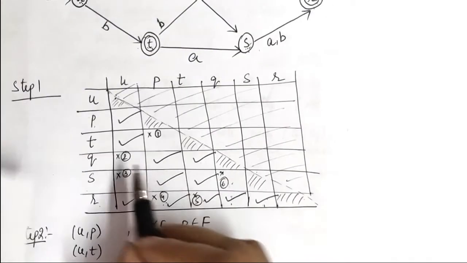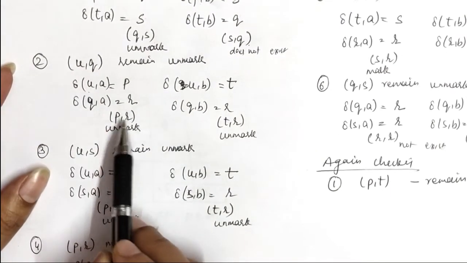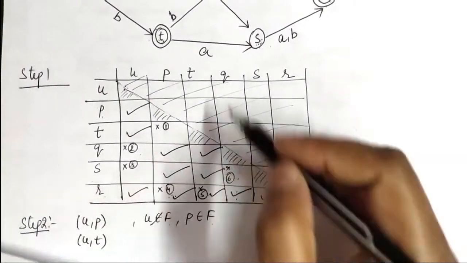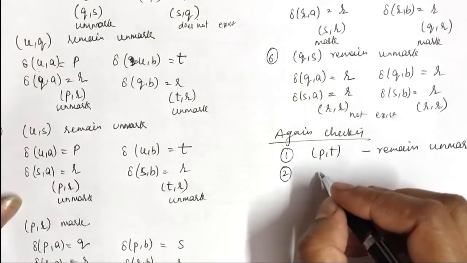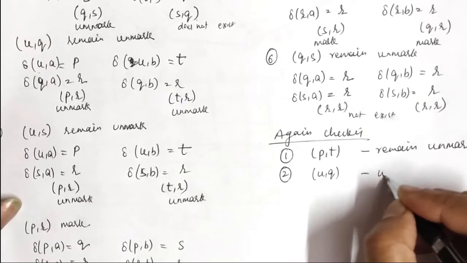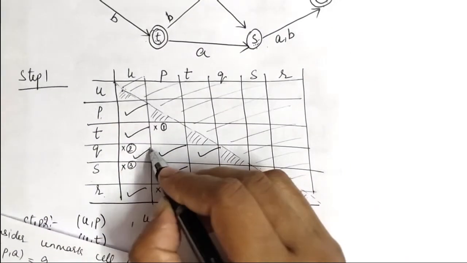Okay. Now the next pair is 2. What is 2? U comma Q. The resulting pair is P comma R and T comma R. Check: P and R is marked and T comma R is marked. This means for the second updation, U comma Q will be marked. So we mark it.